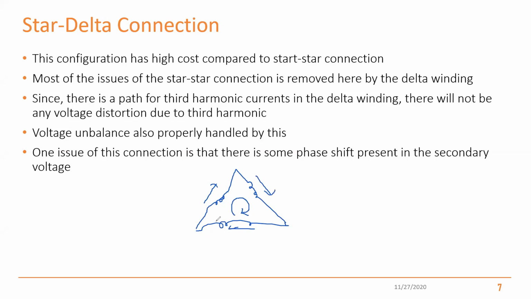The current is circulating all the time and it will not flow to the load side. Therefore the third harmonic is trapped inside the delta winding, and that problem is also not a big issue. So compared with the star-star connection, this is much better, right?